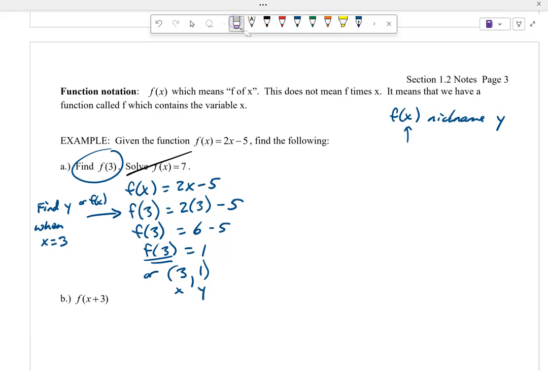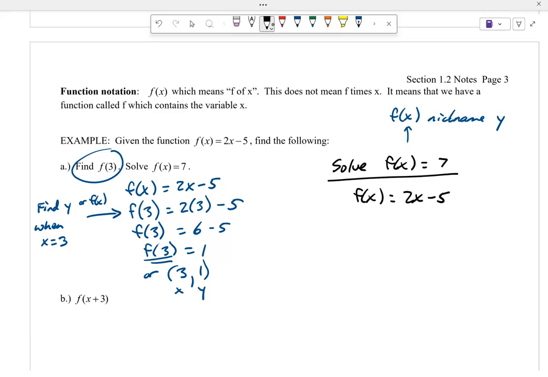Now the second part of this says solve f of x equals 7. All right, well, f of x is 2x minus 5. And they're telling us f of x, remember f of x is y, they're telling us that y is 7. The whole y is 7. So solve that. What x value spits us out that 7? Right?